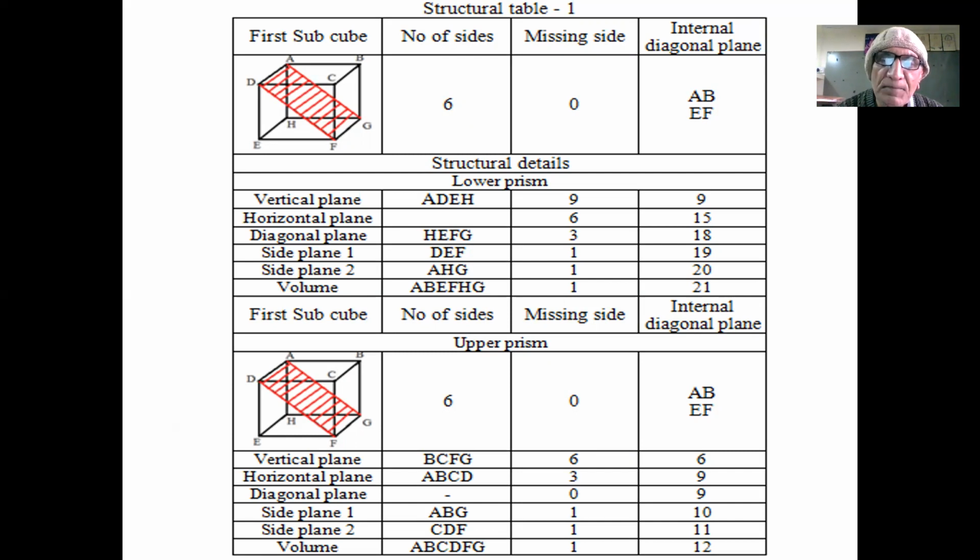The horizontal plane synthesized with the vertical plane contributes additional 6 structural components as the common joining line of these planes accounts for deduction of contribution for the horizontal plane.